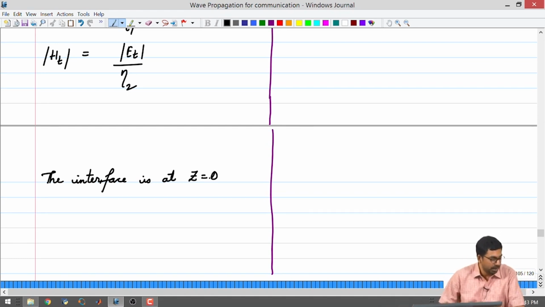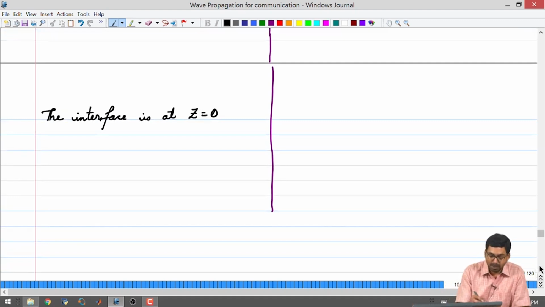The position coordinate z equal to 0 marks the discontinuity between medium number 1 and medium number 2, so z equal to 0 is the exact interface. At the interface we need to apply boundary conditions, and the boundary conditions for dielectric interfaces are that tangential E fields are continuous and tangential H fields are also continuous, that is it. So, now we are going to apply these boundary conditions.